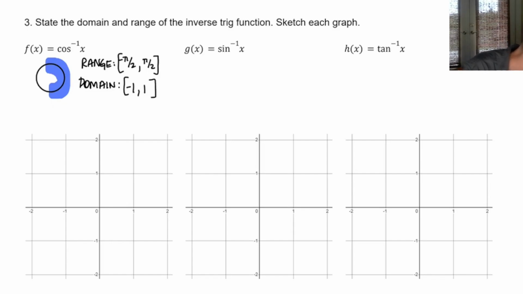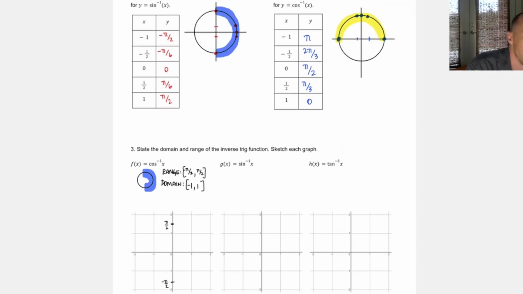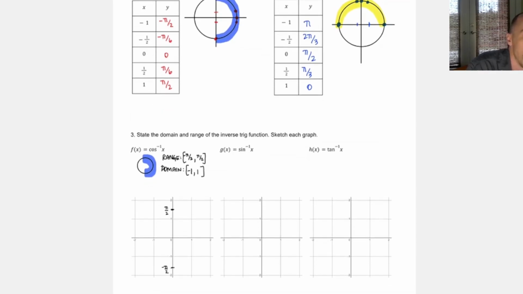And pi over 2 is between 1 and 2. Pi is 3.14, so half of that would be 1.57. So I'm looking for a little above 1.5, and I'm going to mark those as pi over 2 and negative pi over 2. We just did the work up here, so I'll borrow from what I did earlier.